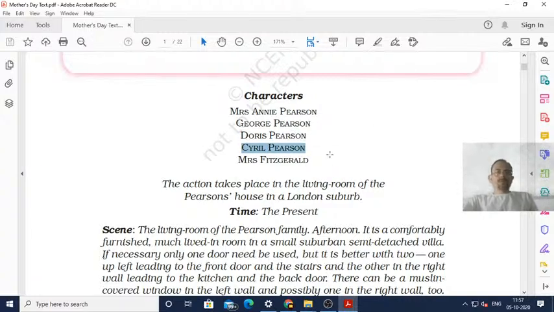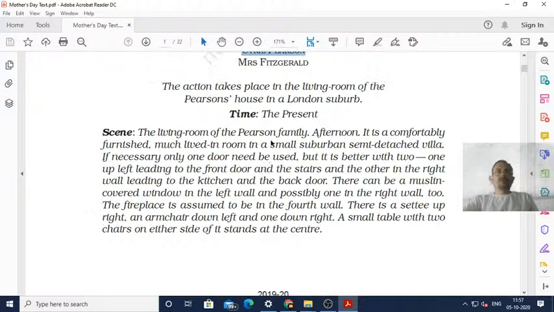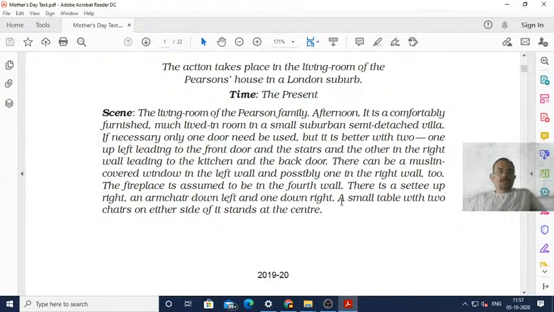Okay, so we are going to begin shortly, dear students. Please go through this scene now. Just read this scene part and then we shall begin gradually.